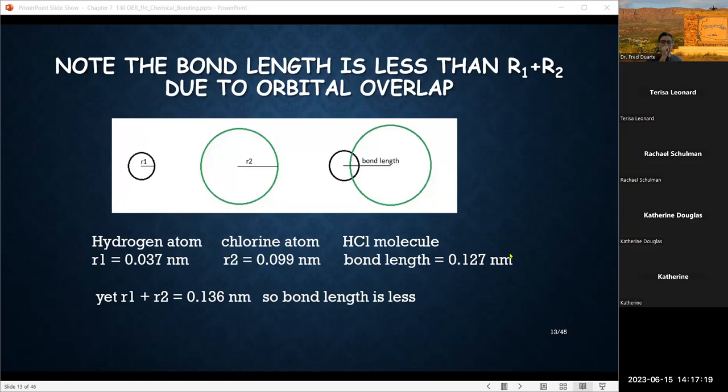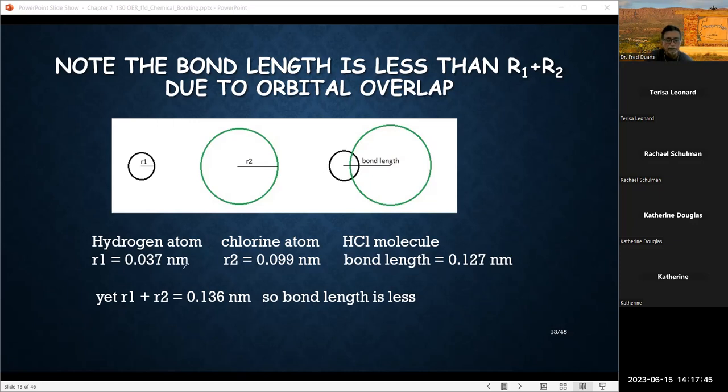It was thought that when these atoms came together to make a bond, the radius they had would just be the sum of the radius that each individual atom would have. Okay, for example, let me explain here.